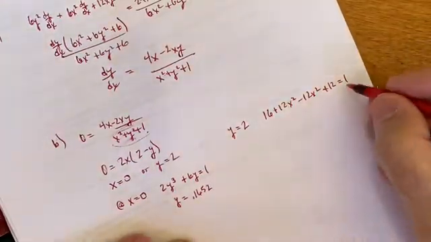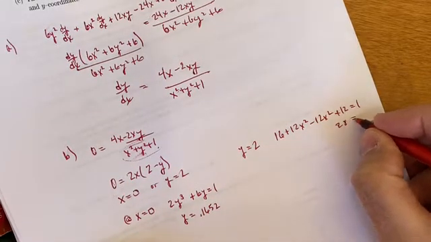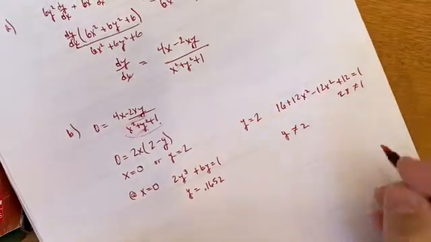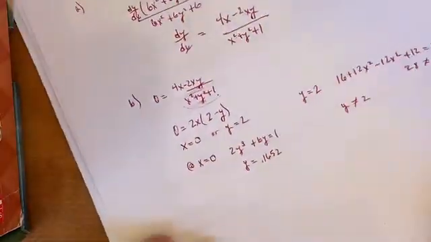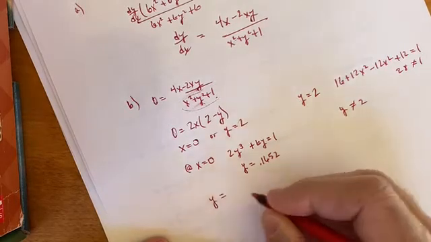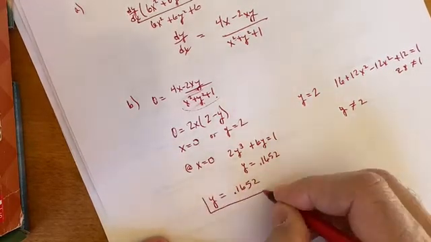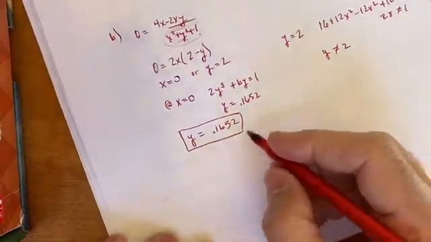And since 28 does not equal 1, y cannot equal 2. So write an equation for a horizontal tangent line. The equation of a horizontal line is y equals 0.1652. There is the answer. Vertical lines are x equals, horizontal lines are y equals.